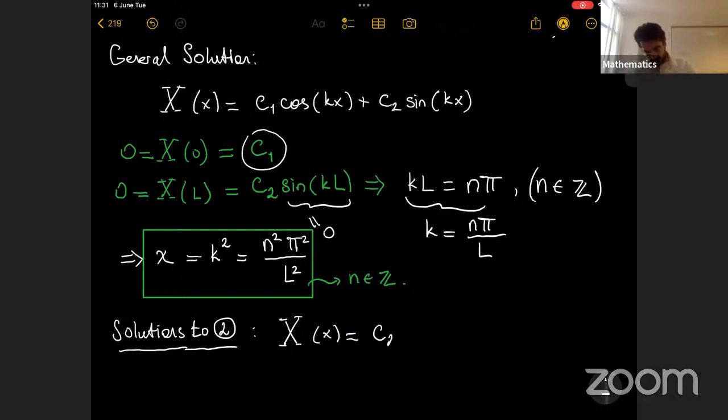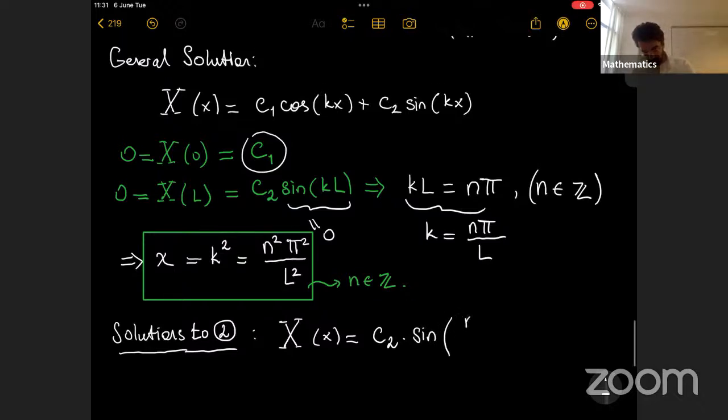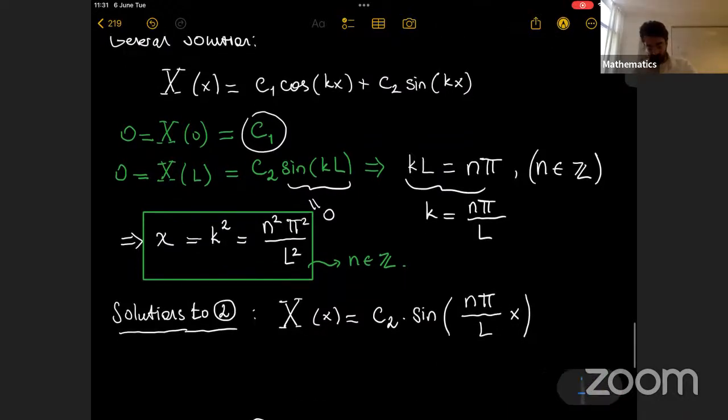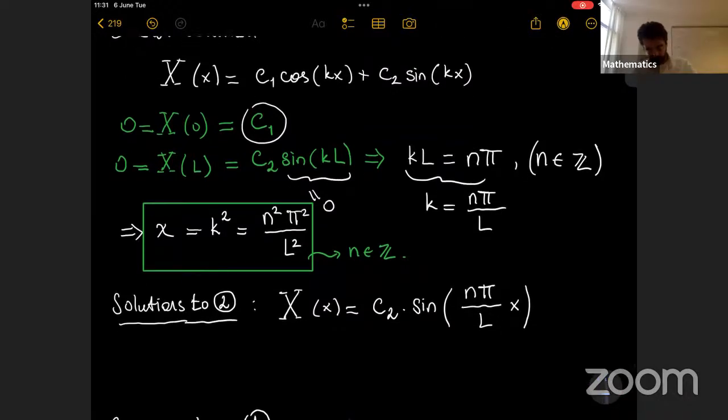So C2 times sine kx, and what is k here? n pi over L, x. This solution depends on n, so for any n, we have a different solution.